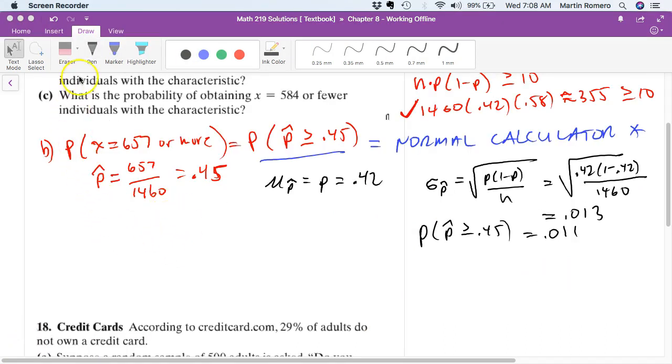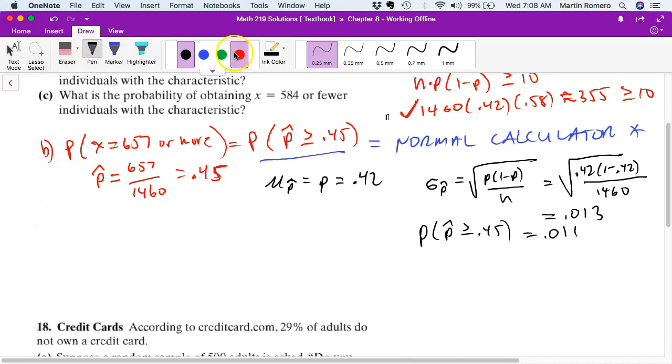Okay, let's move on to part C. We can move a little faster now. Part C was the probability of obtaining x equals 584 or fewer, but that needs to be converted into the probability that the proportion is less than or equal to some proportion.